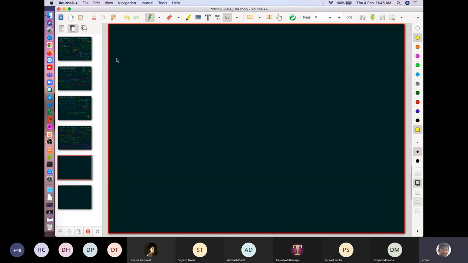Okay, let me proceed. So then what we are trying to do, we are trying to maximize this, which means it is the same as minimizing minus of this thing.